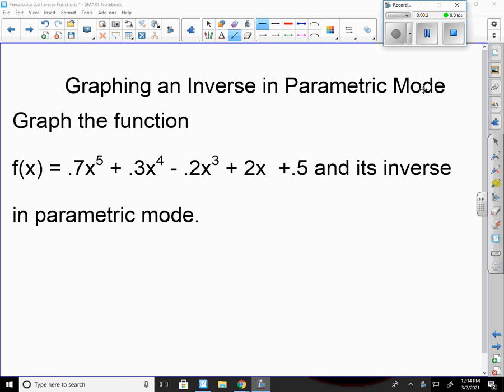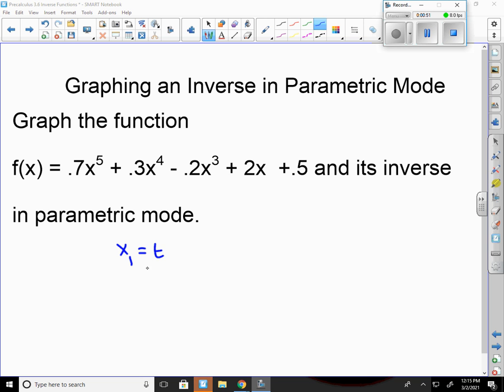In order to do this, our original function in parametric mode would be, first, our x. This is our original function, right? And so our x is just x1, which would be our original. Our original equation would be x1 equals t.